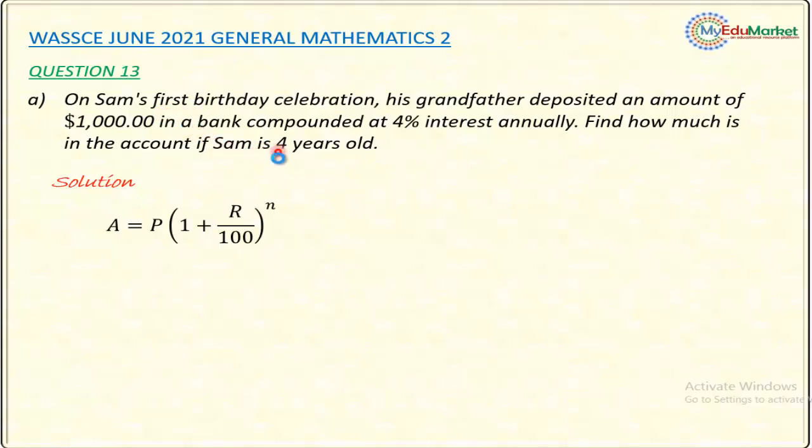Now he is 4 years, which means N is supposed to be 3 years, because we subtract 1 from this 4. So we continue. Substituted, I have P 1000, R 4, N 3.